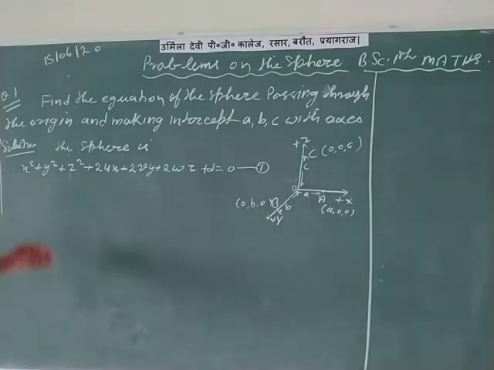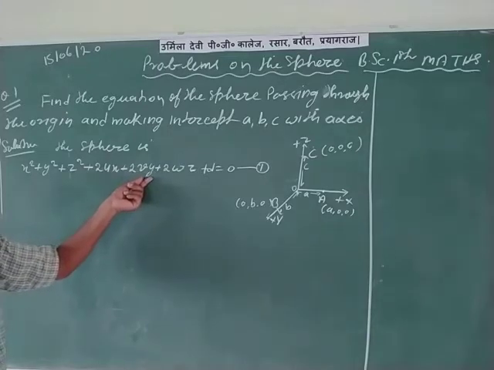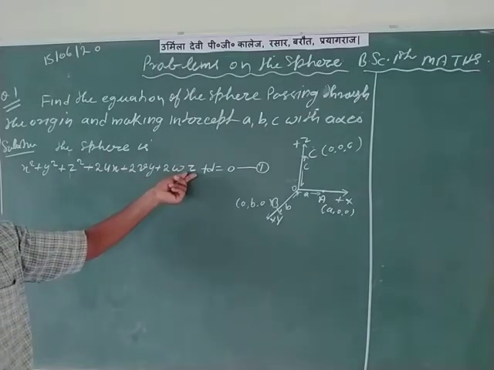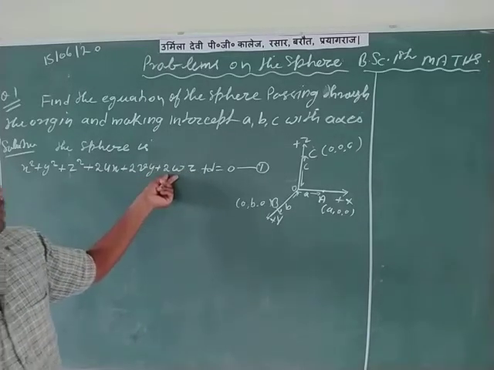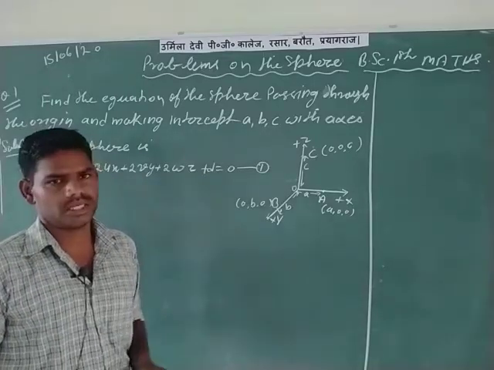In this equation, the coefficient of x square, y square, z square is unity, the coefficient of x is 2u, the coefficient of y is 2v, the coefficient of z is 2w, and d is a constant.